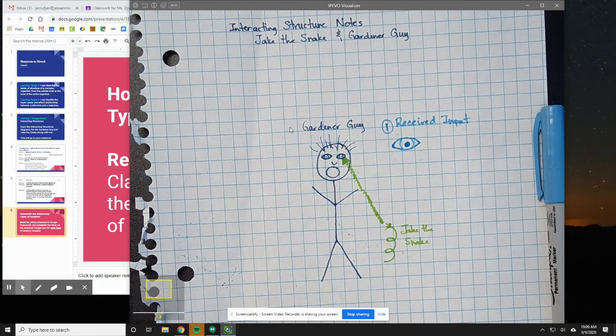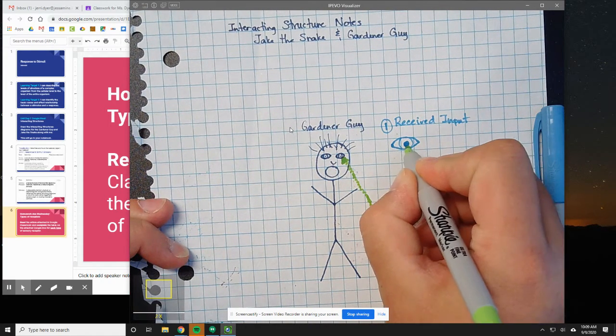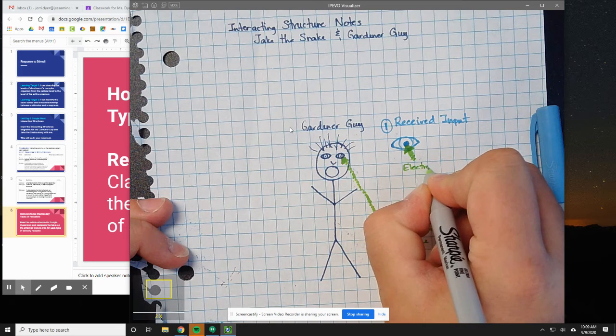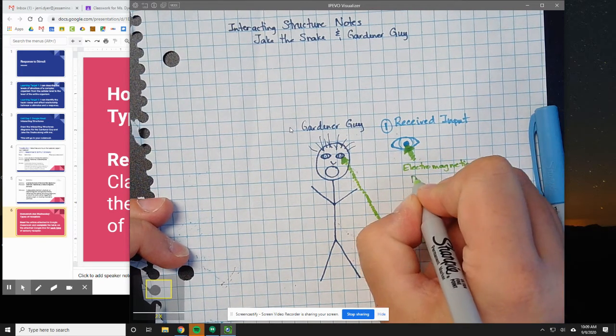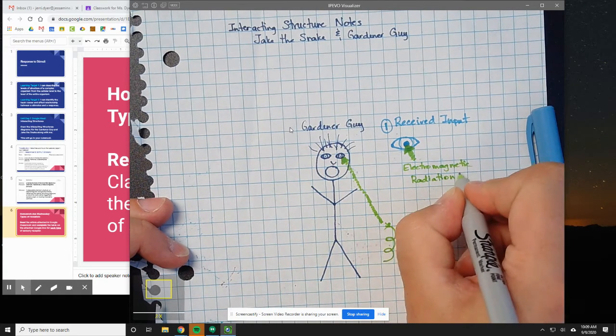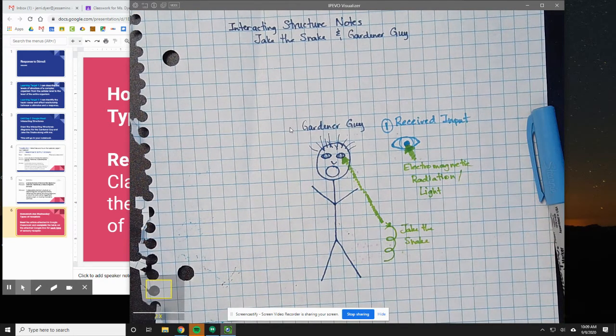And so that electromagnetic radiation, or you can also just call it light because it's the same thing for our purposes here.